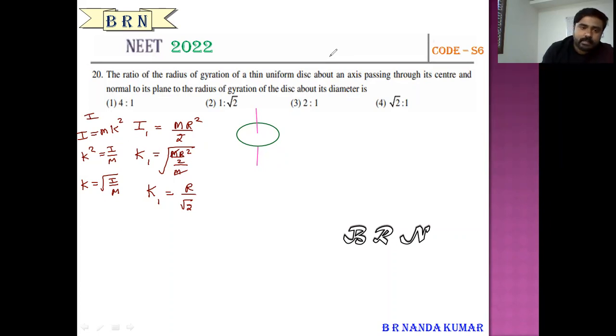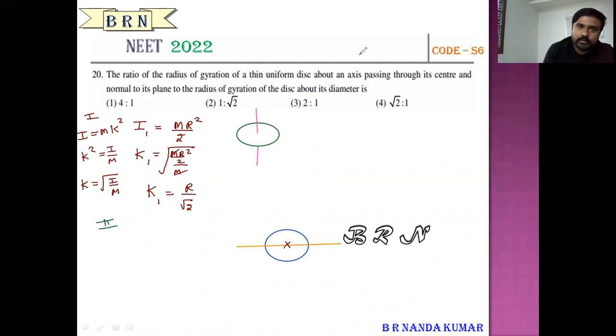So in the second case, axis actually that is passing along the diameter ಅಂತ ಹೇಳಿದ್ದಾರೆ. ಕರೆಕ್ಟಾ? Question ಓದ್ಕೊಳ್ಳಿ. Passing through its center first case and normal to its plane, and the radius of gyration of the disk about its diameter. Okay, now the second case, axis passing through the diameter.